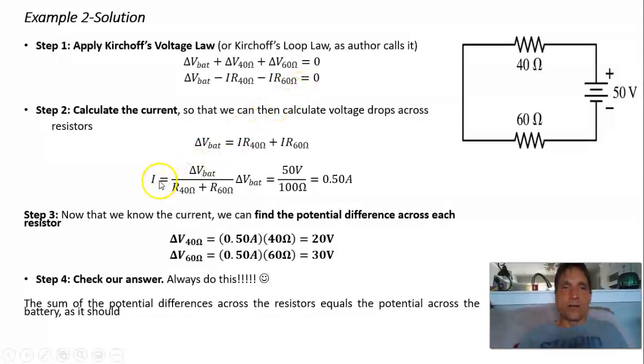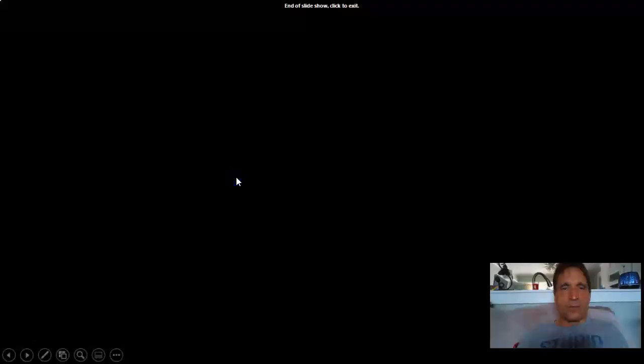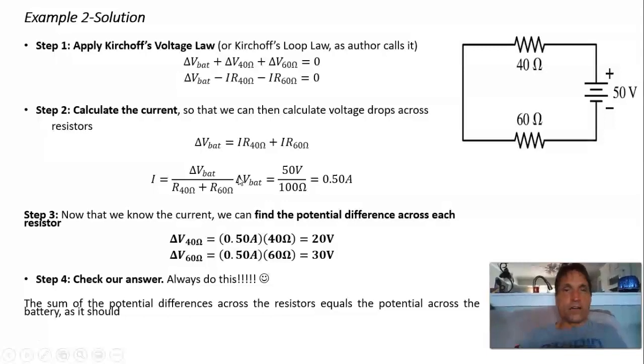And so we solve this, and we get I is equal to the battery voltage divided by the sum of the resistors. We can plug in 50 volts for delta V battery. 40 ohms plus 60 ohms, the sum of the resistances is 100 ohms.